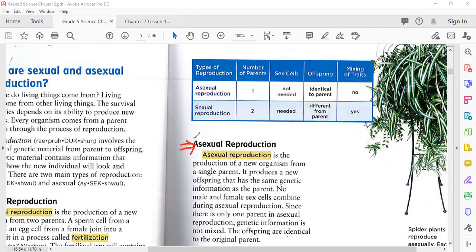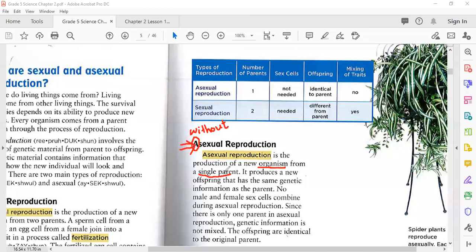A means, if this A comes before sexual, it means without. So asexual reproduction is the production of a new organism from a single parent. Understand?